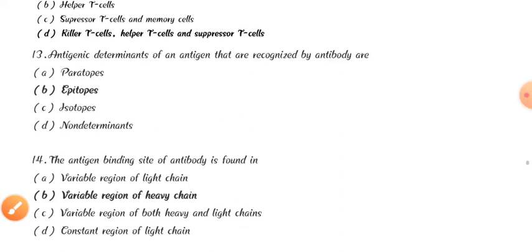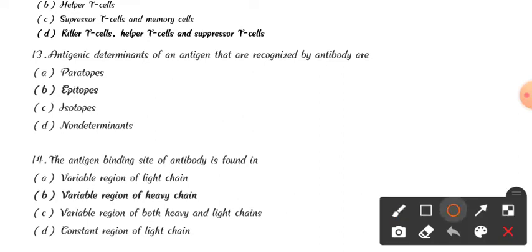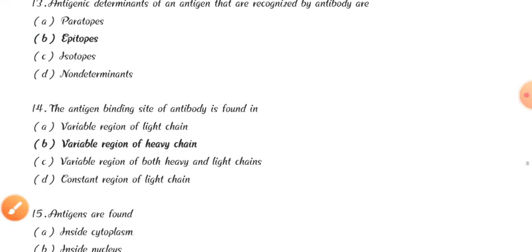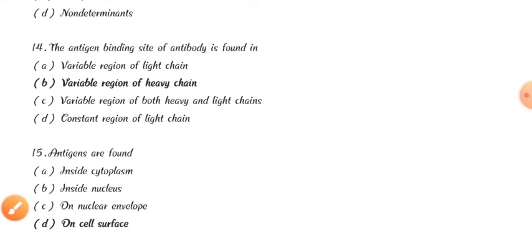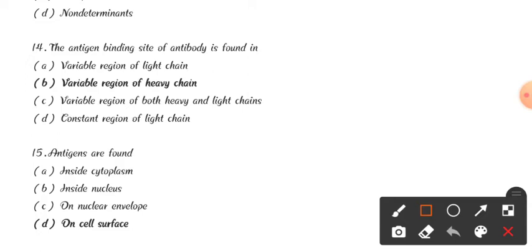Now question number 13: the antigen determinants of an antigen that are recognized by antibody are option B, that is epitopes, the correct answer. Now question number 14: the antigen binding site of an antibody is found in option B, that is the variable region of heavy chain, the correct answer.